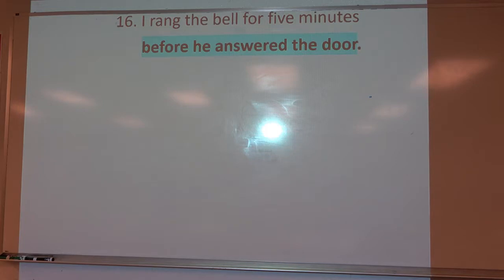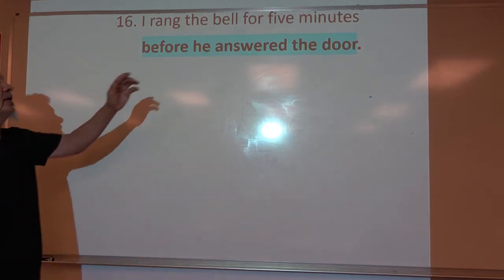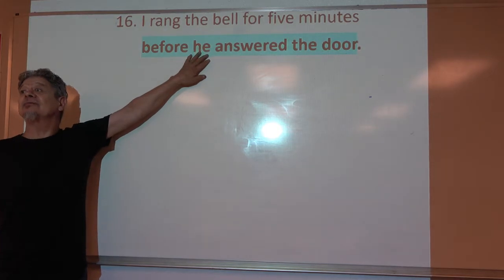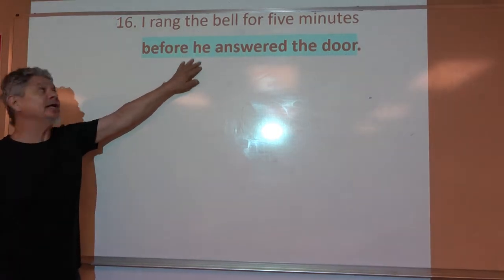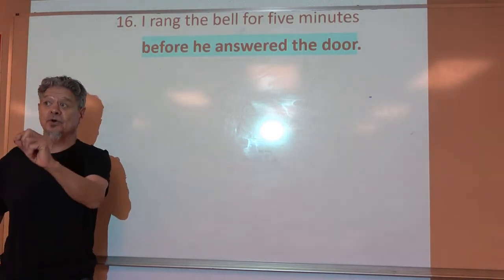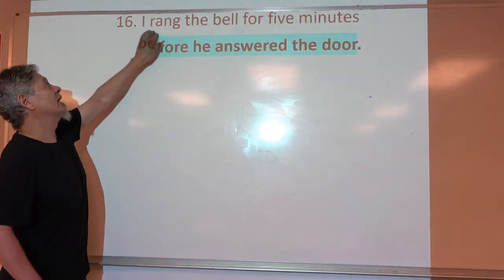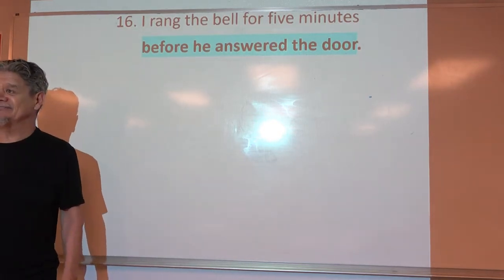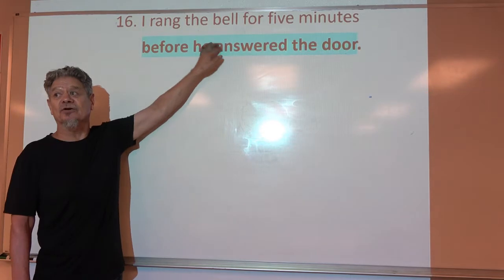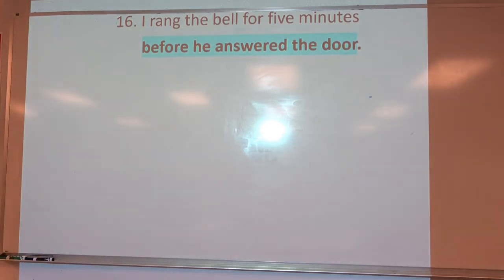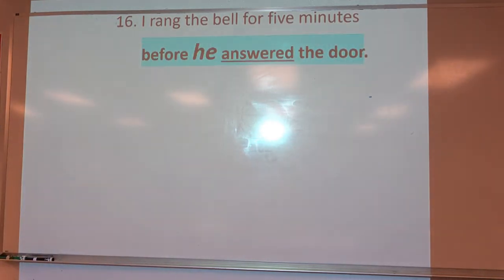No, that's not the reason. The reason is that the dependent clause comes after the independent. If this was at the beginning, before he answered the door, comma, I rang the bell for 5 minutes. When the dependent clause comes after, no comma. So there is the subject and the verb.